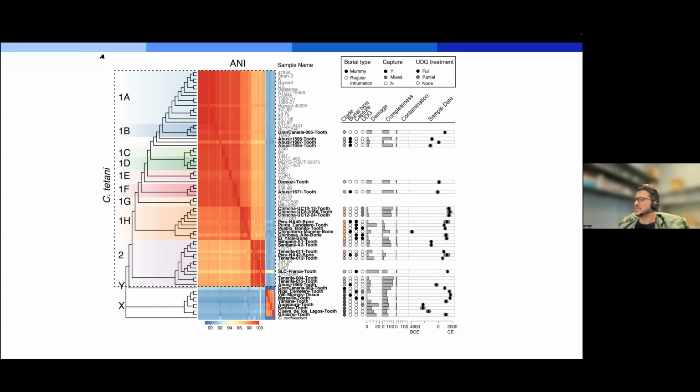One of the interesting things is that for some lineages, for example, lineage 1H, we've gone from one modern reference genome here to adding 8 additional genomes from our ancient samples. So we're really expanding the known genomic diversity of some of these lineages.